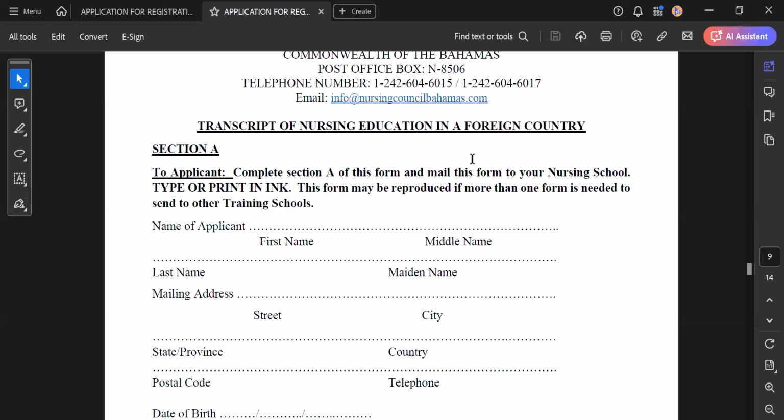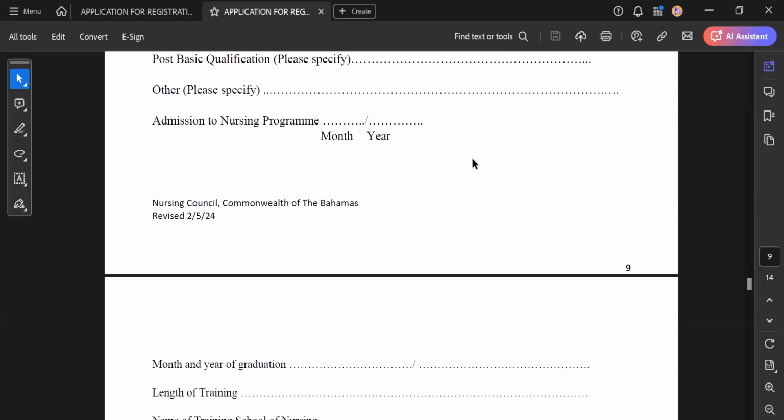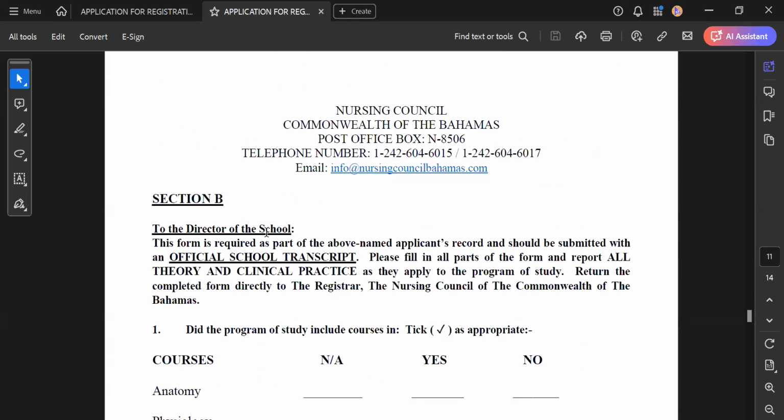Then you add that to section B and send it to your school to continue and complete it. You don't even put a full stop on section B. That side is for your school.